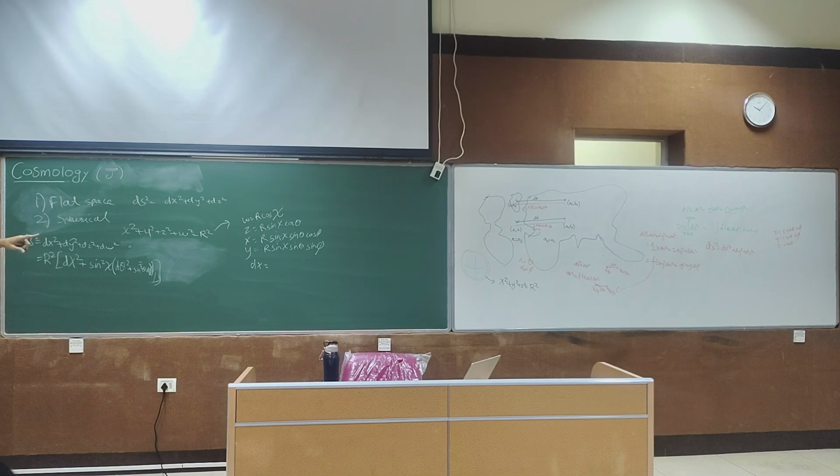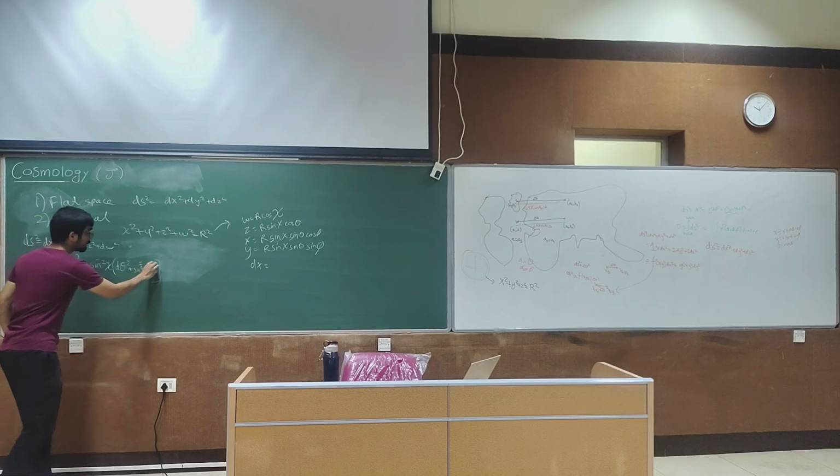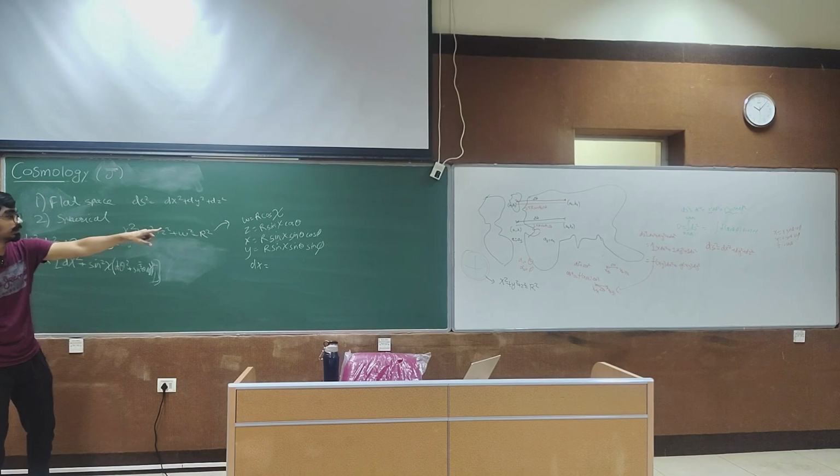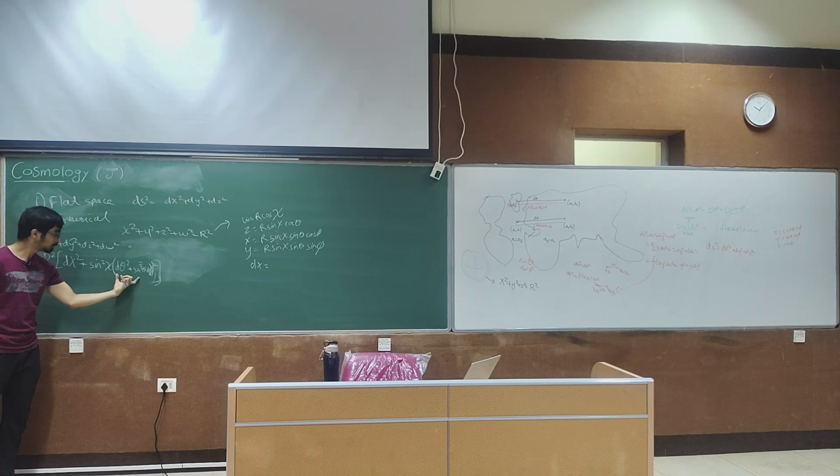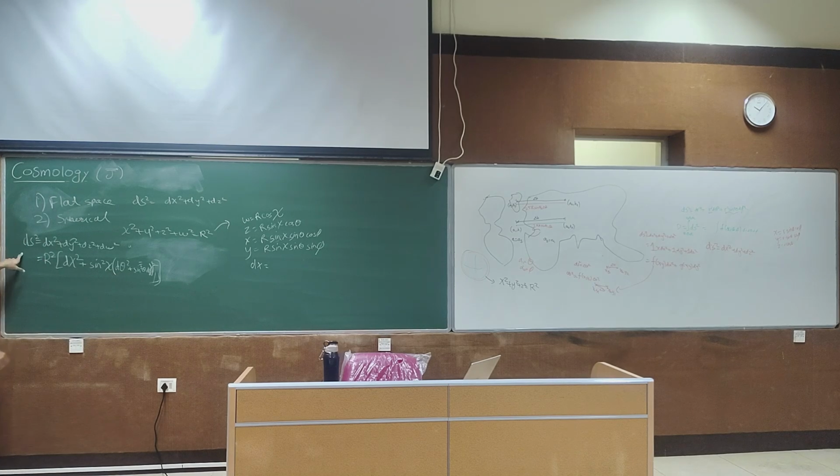It's literally the same thing. This d theta squared plus sine squared theta d phi squared is just the 2-sphere part of that metric. So you can see that this part of the metric is sitting inside the bigger metric, which means we have the 2 sphere inside the 3 sphere, right?